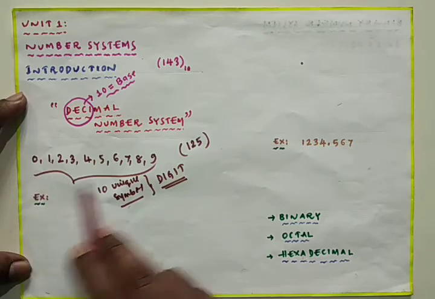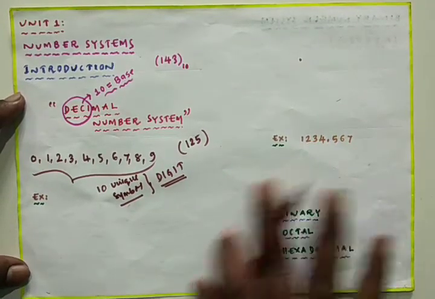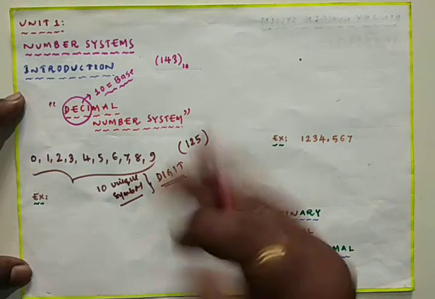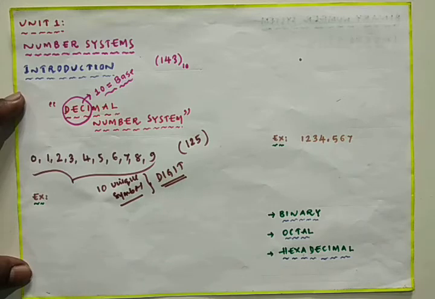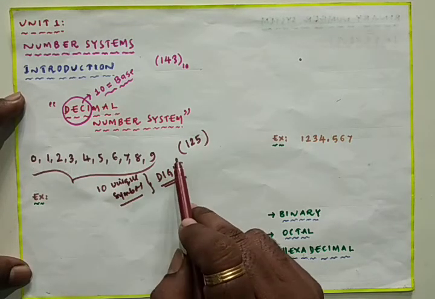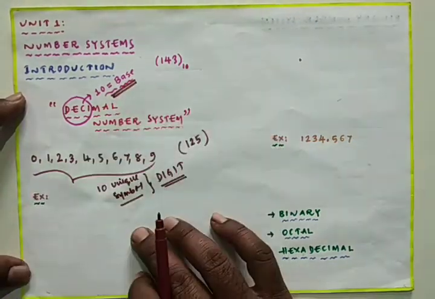Other than these 10 symbols, we can't get any other symbol in the decimal number system. So the complete decimal number system consists of only 10 unique symbols, 0, 1, 2, 3, 4, 5, 6, 7, 8, 9, and so the base of that number system is 10.